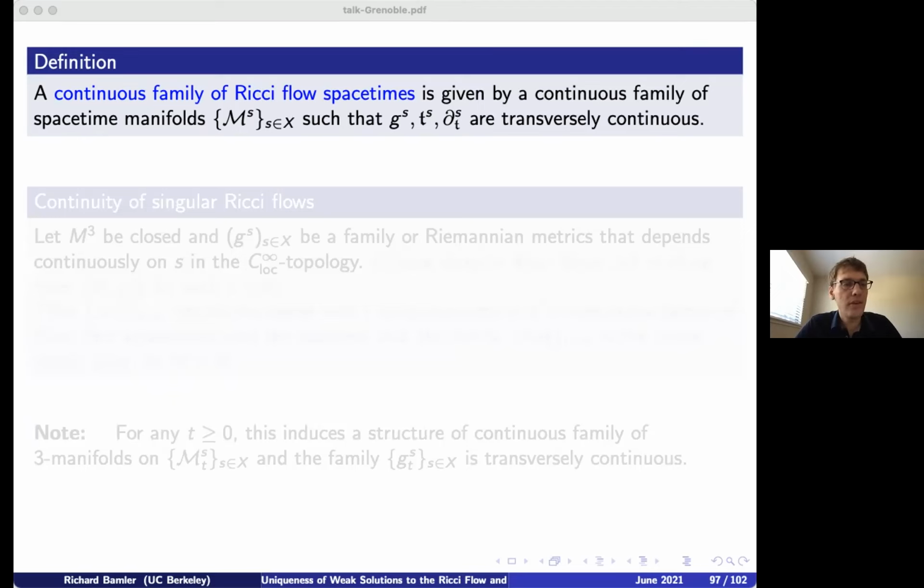A continuous family of Ricci flow spacetimes is given by a continuous family of structures as I showed on the previous slide on the spacetime manifolds. So basically it is given by a continuous family of 4-manifolds, such that the corresponding smooth objects are transversely continuous. So this is the actual definition.